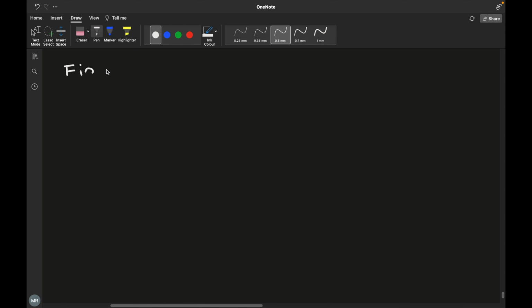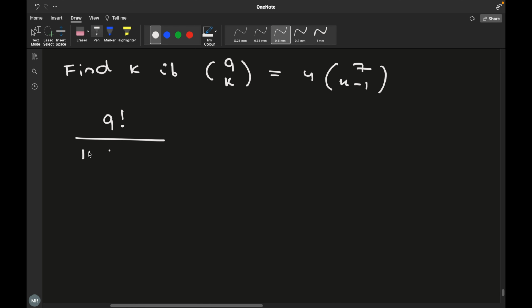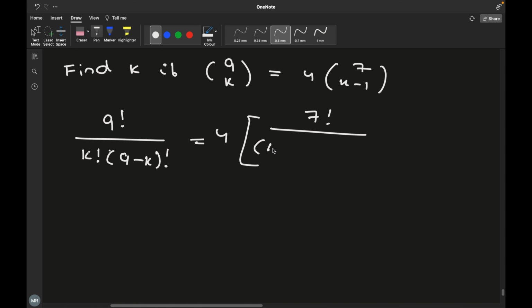It says find k if 9Ck is 4 into 7C(k minus 1). It's going to be 9 factorial divided by k factorial into 9 minus k factorial, which is 4 into 7 factorial divided by k minus 1 factorial multiplied by 7 minus k plus 1 factorial.